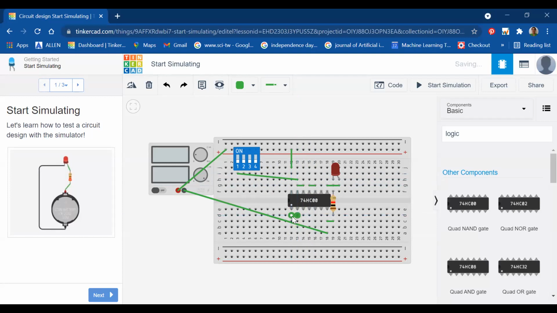So here you go with your first and second pin shorted and just give the second switch connection to this one, and the output of this first gate is going to act as the input to the third NAND gate, this one, right? So now this is my complete connection. This output is already connected to the LED and the ground and everything is there.